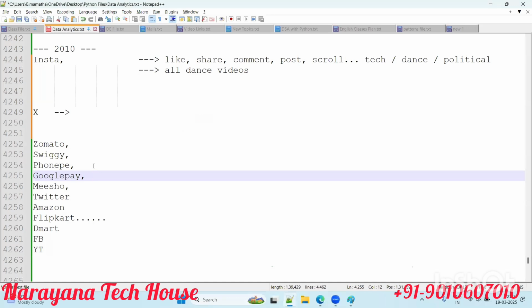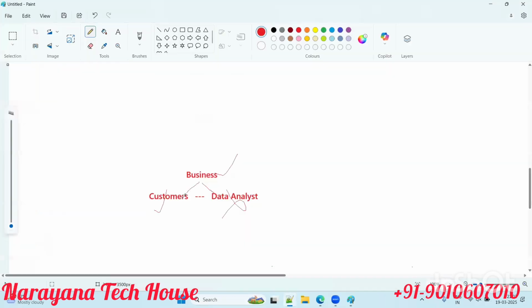If customers are not there, they have to close it. If customers are there, then how to improve more? Then we require a data analyst again, guys. The data analyst is required to help the business improve, and helps management in the development of the business.